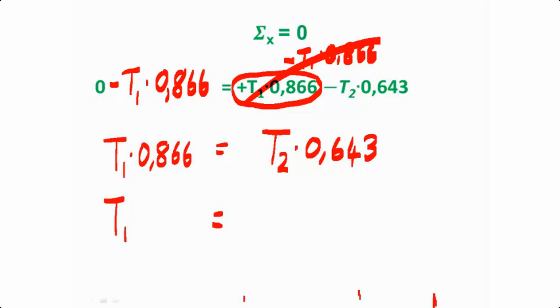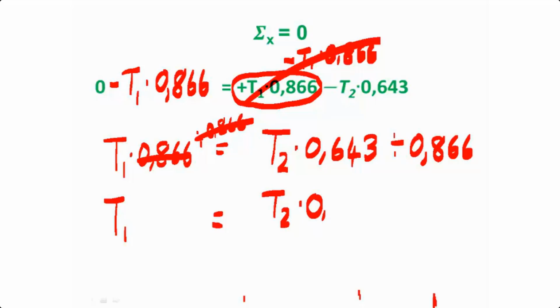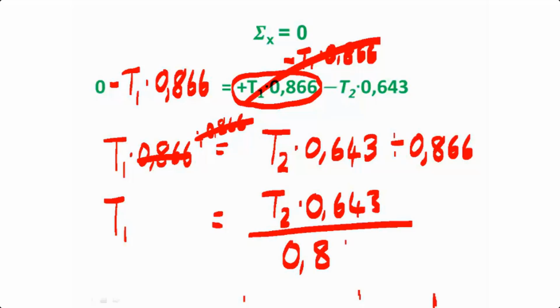T1 is equal to, I can divide both sides by 0,866, which gets rid of this 0,866. What I do to one side, I must do to the other. I divide it also by 0,866. That gives me T2 times 0,643 divided by 0,866. And you can then do that on your calculator.